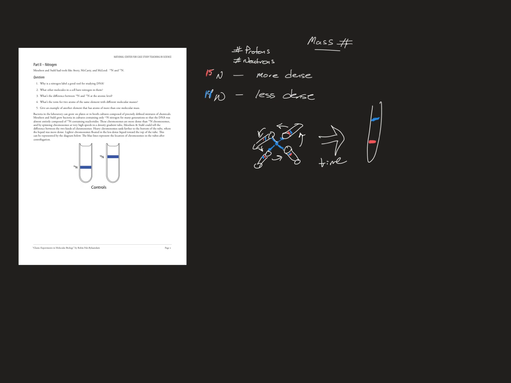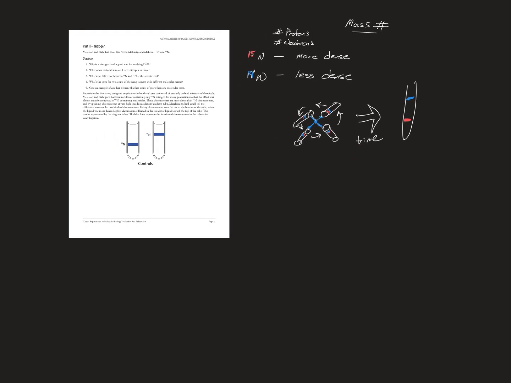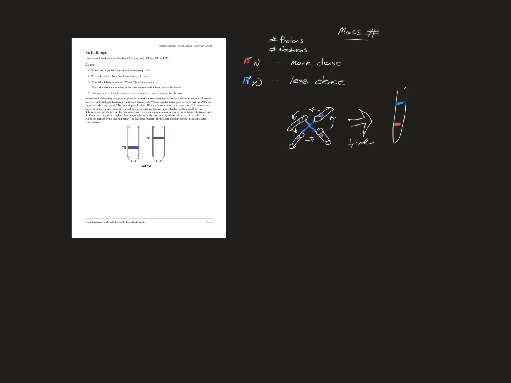Here we're able to separate things by density, and we call this a centrifuge. So there it is. That's kind of the basis. This is the tool that we're going to use to study this process of how DNA is copied.